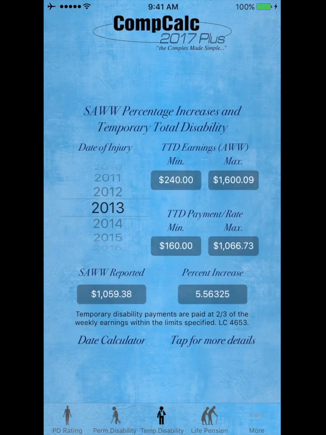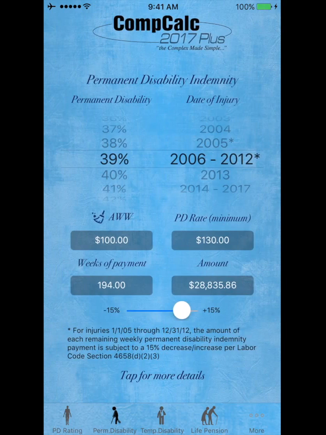You can switch in between. Now, one of the things that we did that was new this year, both for TD, PD, as well as on the rating module, is if you don't know the average weekly wage, but you do know the PD rate, and you may be looking through your file and say, oh, here's the PD rate, I want to see what that is.